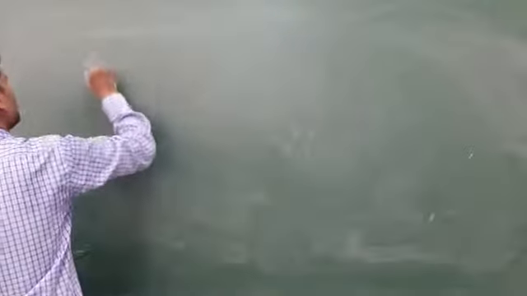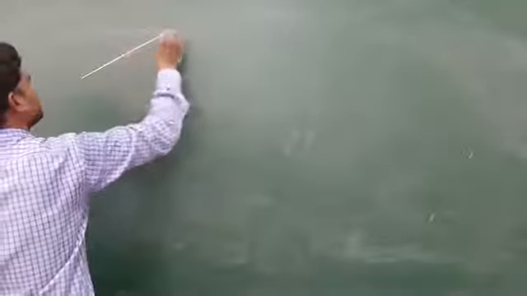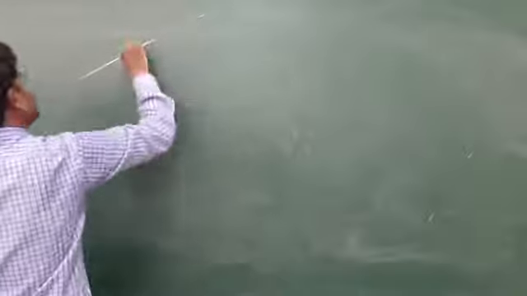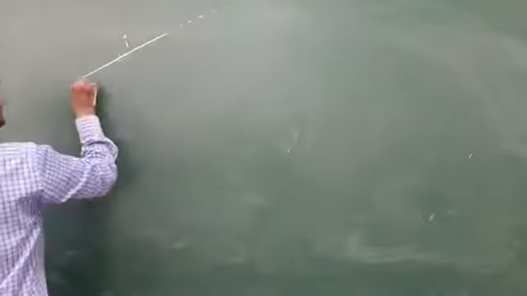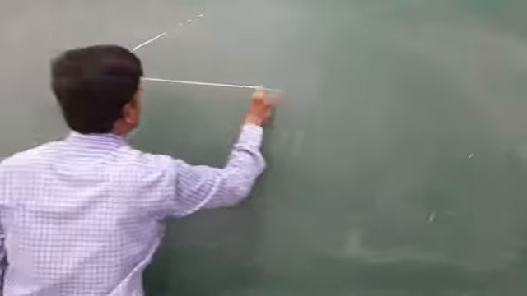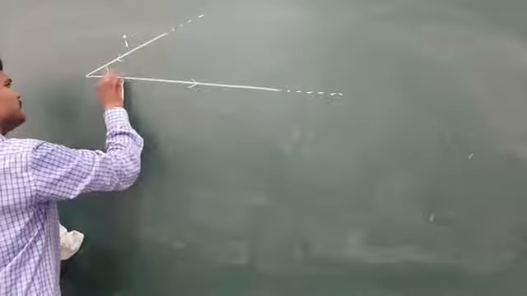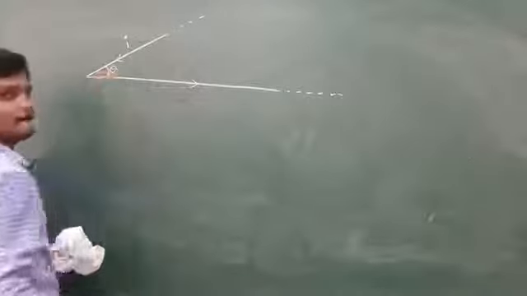So these two infinite straight wires carry current I and they are making an angle theta. This is one infinite wire carrying current I. This is another infinite wire carrying current I, and they are bent by making an angle theta.